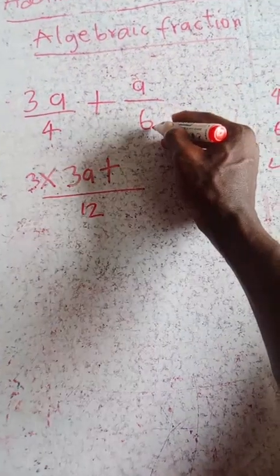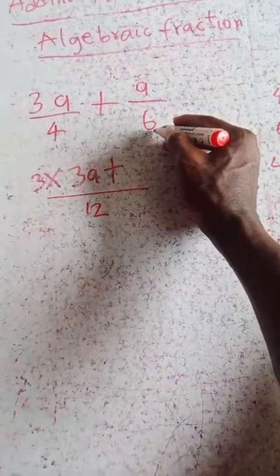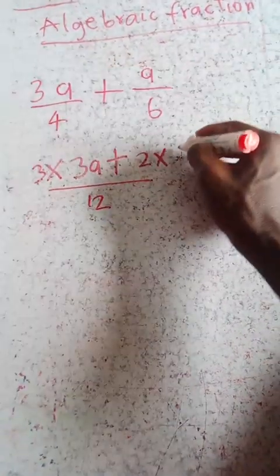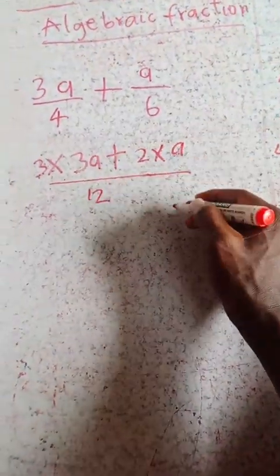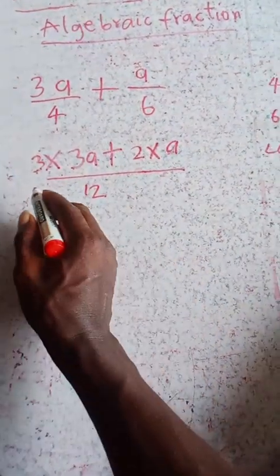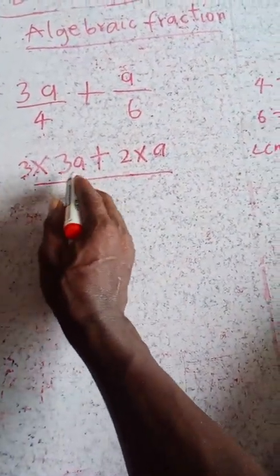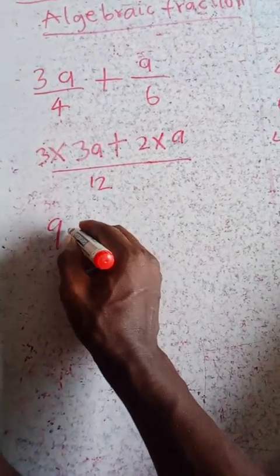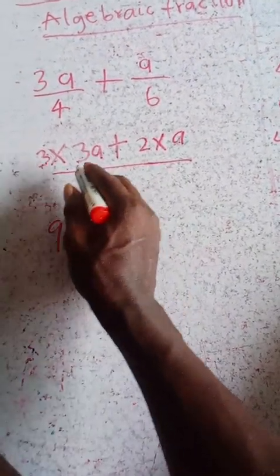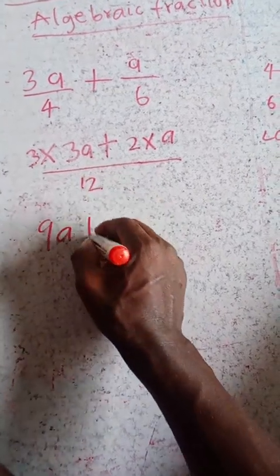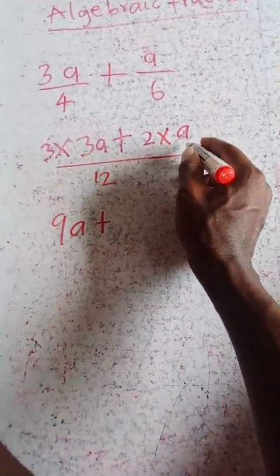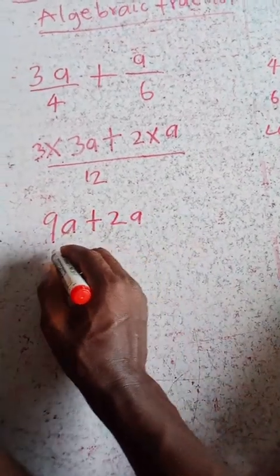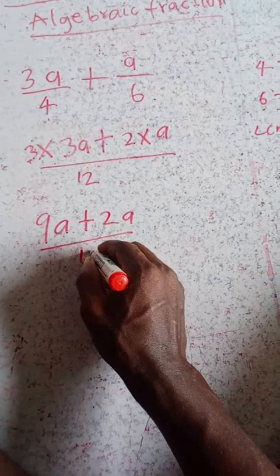12 divided by 6 is 2, so 2 times the numerator, which is a. Now you multiply 3 times 3a. 3 times 3 is 9, so 9a, plus 2 times a, which is 2a, all over 12.